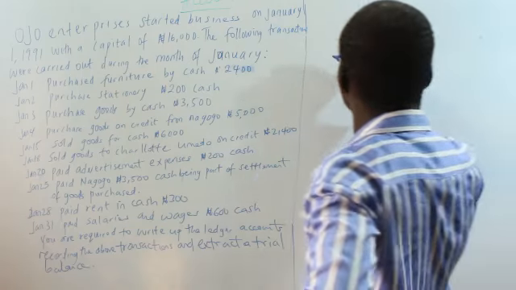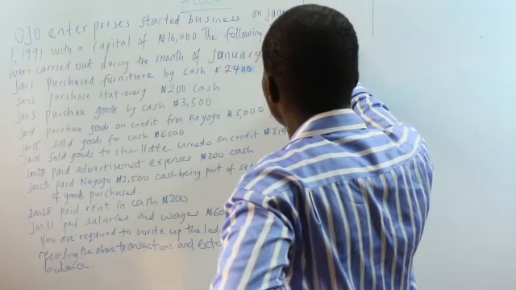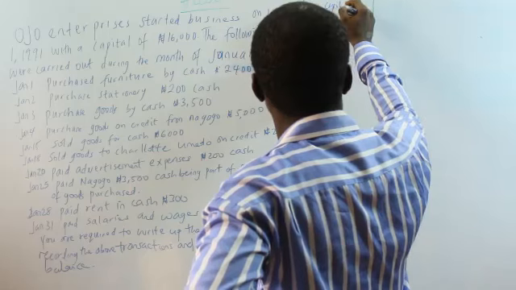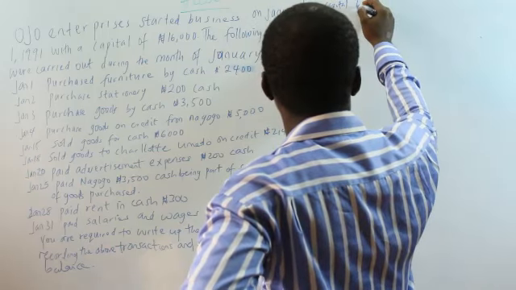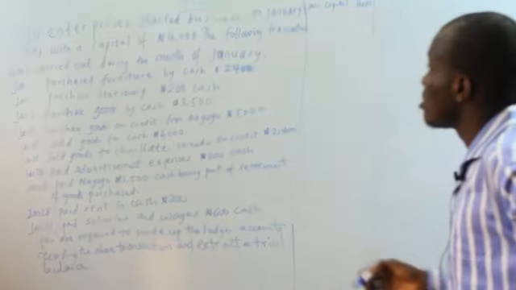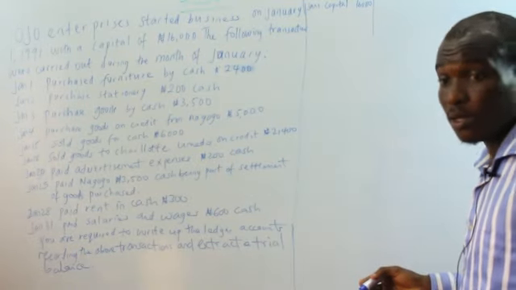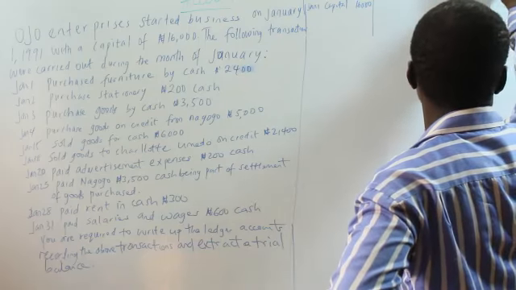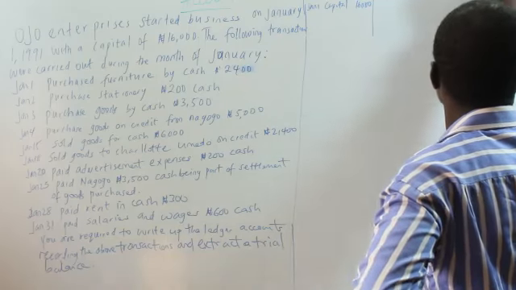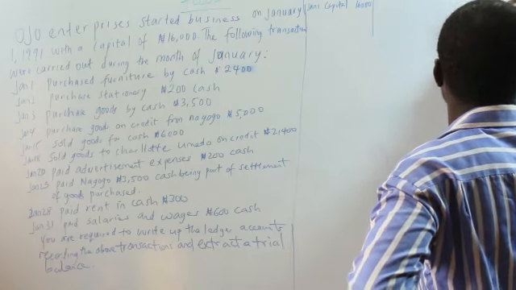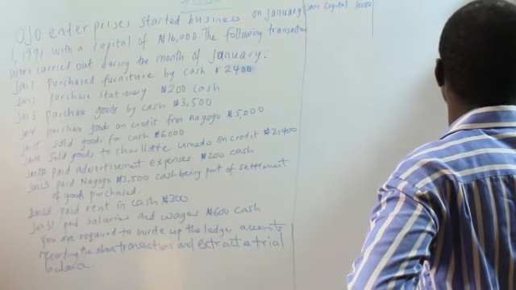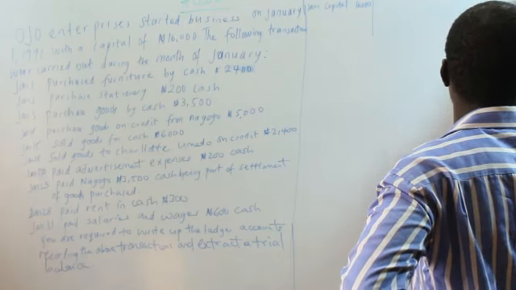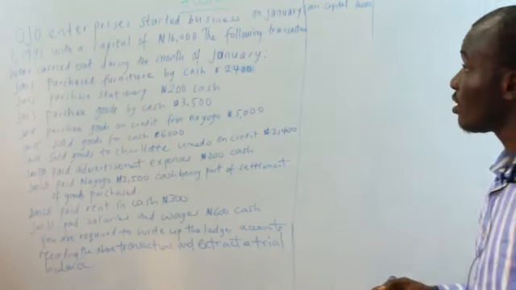So we have the debit cash, January 1, capital, 16,000 naira. Again we have the capital account in the ledger. So we have the credit capital account, January 1, cash, 16,000 naira. That is the double entry principle.